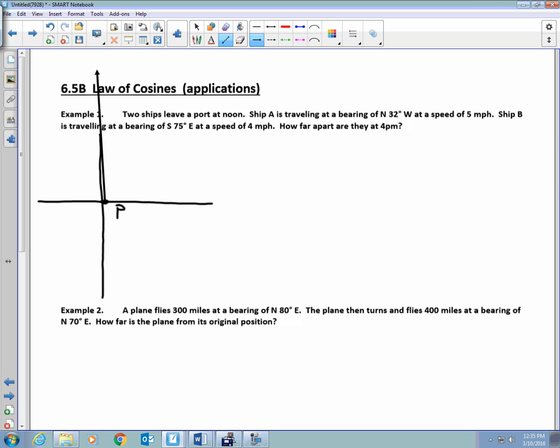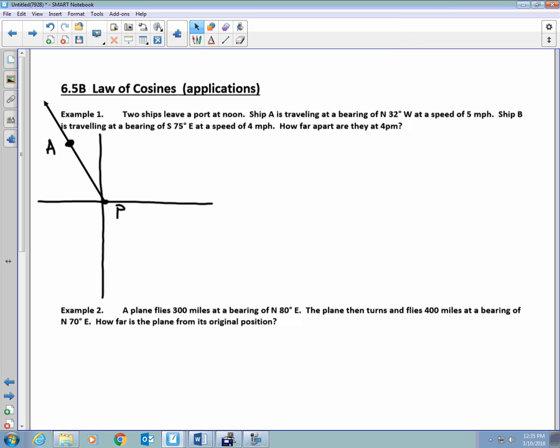So should I go to the right or the left? Tell me when to stop. Okay, thank you. Stop. And it travels at that bearing, stops at the point where it is right now, so we'll call it point A.